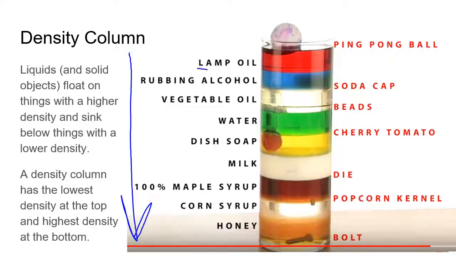So lamp oil has a very low density, and honey has a very high density. Everything in between is in exact order.